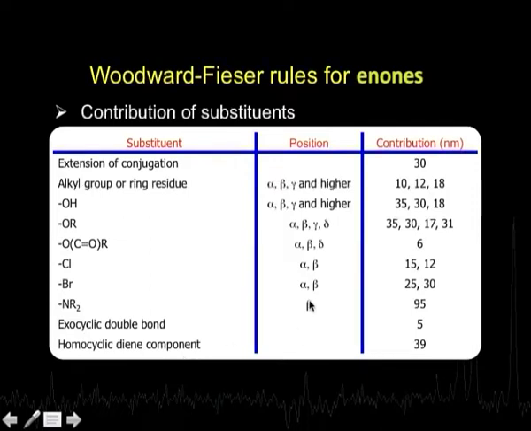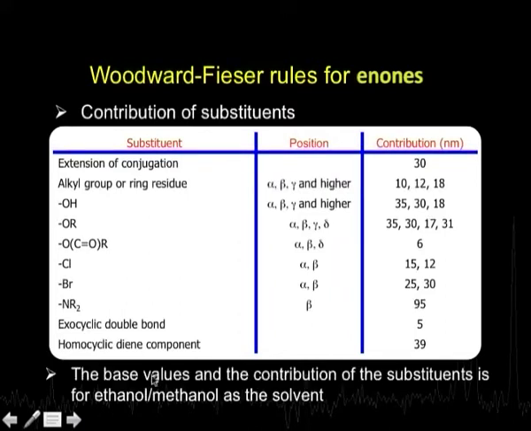Before we go further, one more point which is very significant here is that the base values and the contribution of substituents, as mentioned in the two slides we discussed here, predict the value of lambda max for a given system for the solvent being ethanol or methanol.